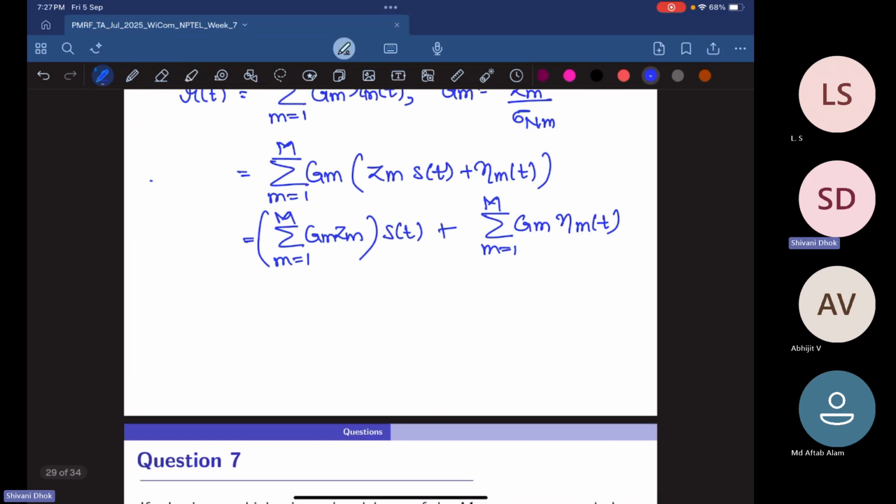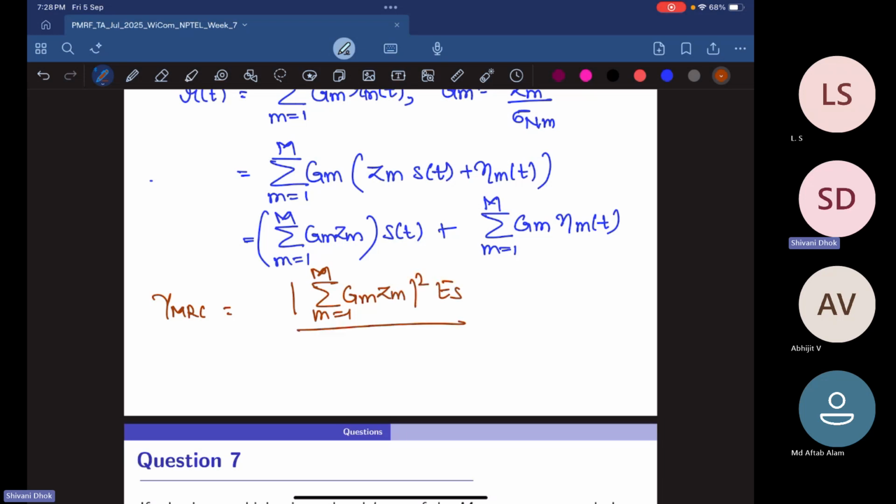Now we had seen that your gamma MRC is magnitude of summation m equal to 1 to capital M Gm into Zm square into Es divided by, now this is the weighted, so this is basically adding IID Gaussians with variance magnitude Gm square into sigma nm square. So this is summation m equal to 1 to capital M magnitude of Gm square into sigma nm square.